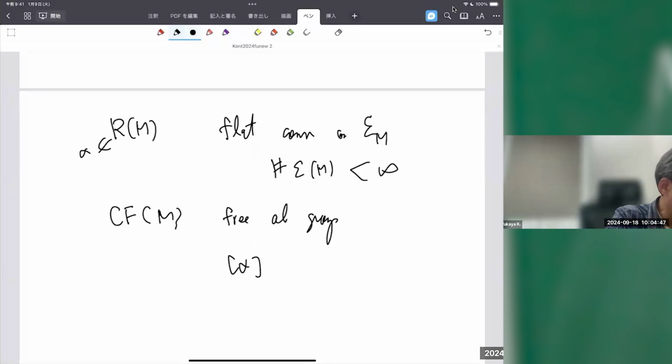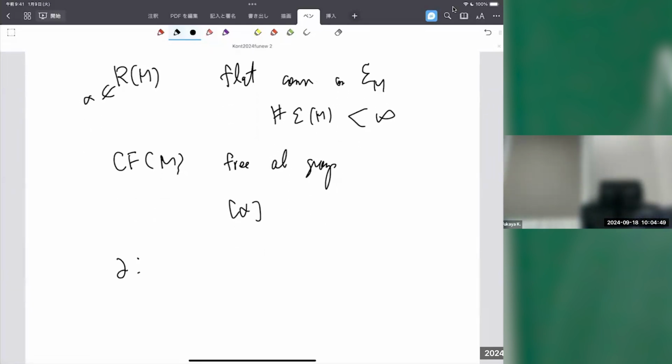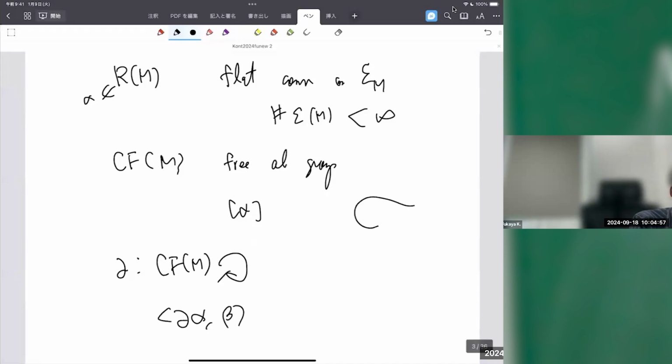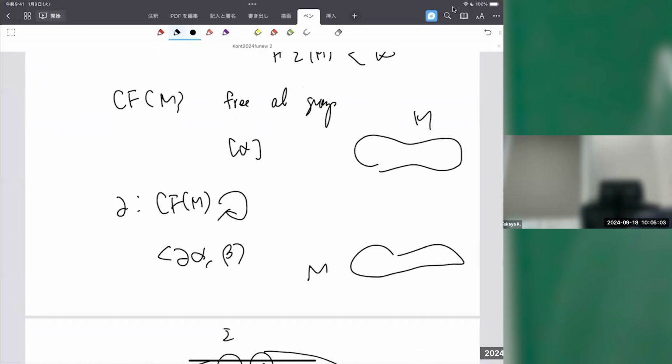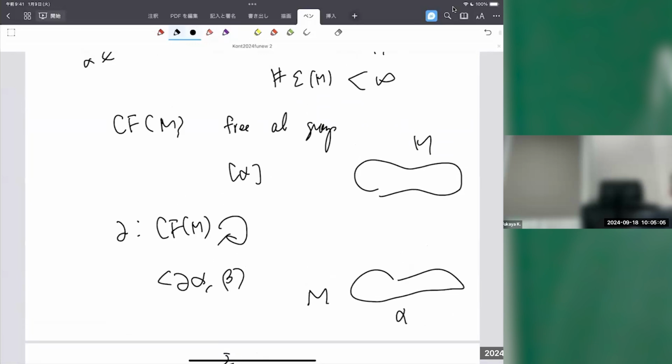Then we consider a boundary operator as Floer did. So this is just a count. So you have this M, and you have alpha and beta here.